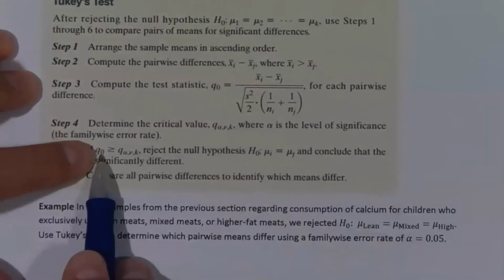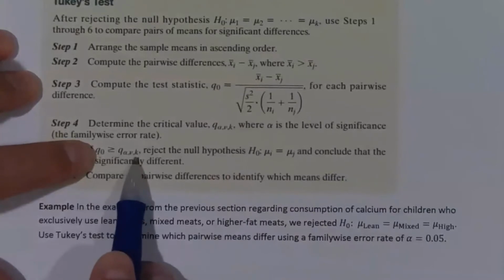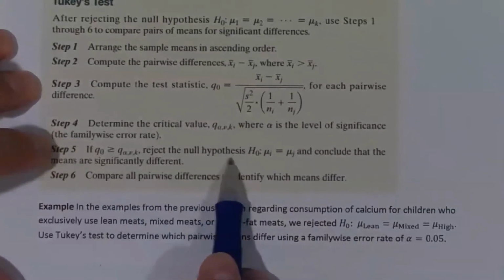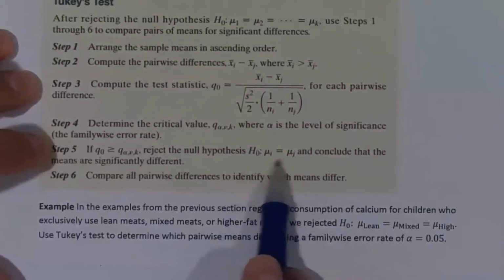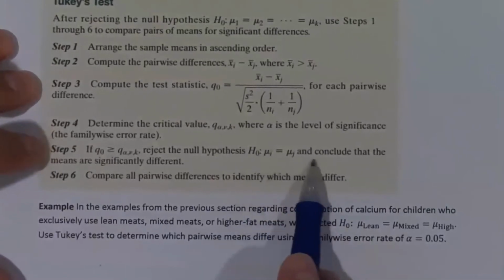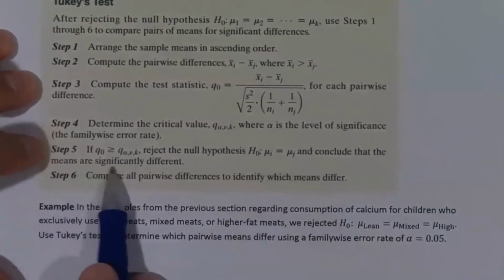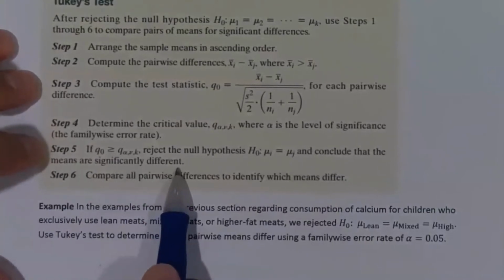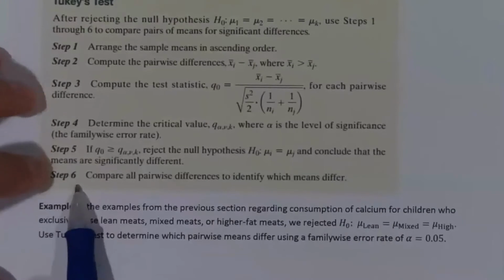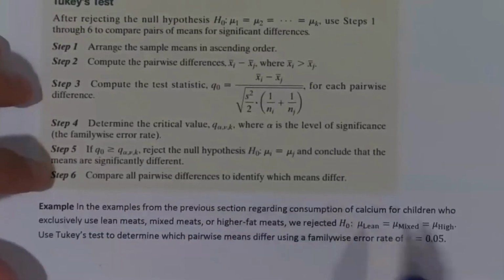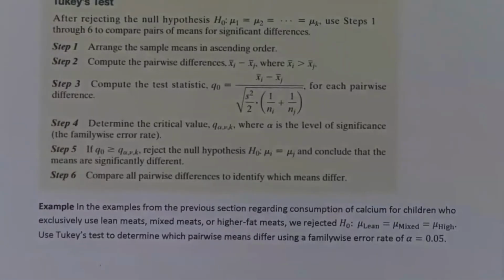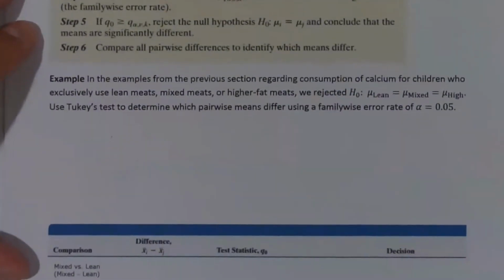If the test statistic is greater than or equal to the critical value, we're going to reject the null hypothesis that mu sub I equals mu sub J. So we're going to reject that that pair of means are equal, and we're going to conclude that those two means are significantly different. Step 6, we're going to compare all pairwise differences to identify which means differ. So in other words, step 6, we're going to kind of summarize. Now, this will make a lot more sense when we look at an example.